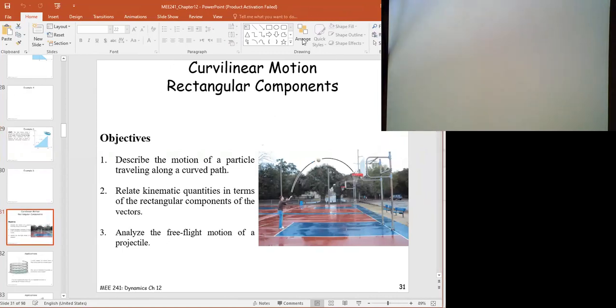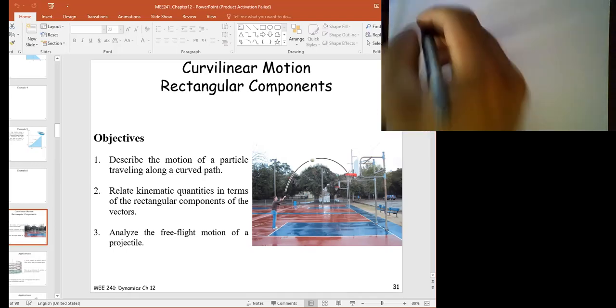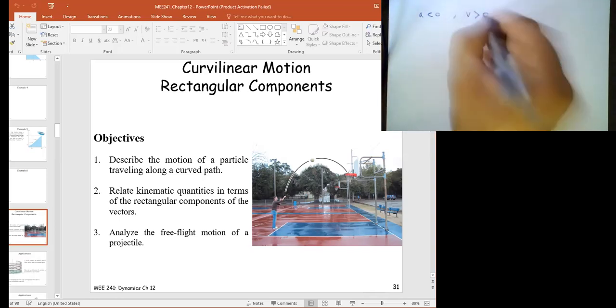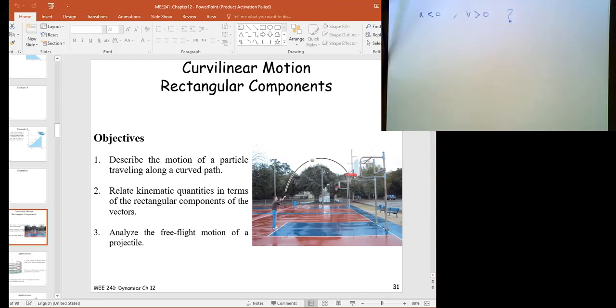But before we do that, I have a few questions for you guys. Can you, for example, have a negative acceleration, so the acceleration would be below zero, but you would have a positive velocity? Is that possible? Yes.